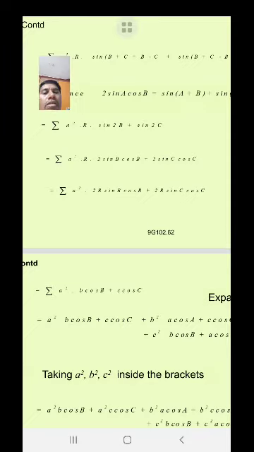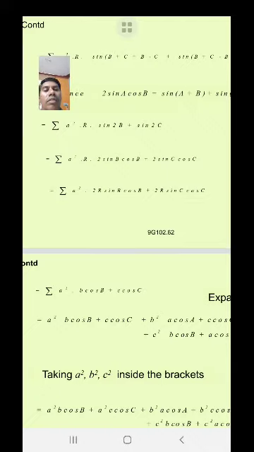written as 2 sine c cos c. That equals sigma of a square into, take r and multiply with the two terms in the bracket, so r multiplies with each and every term of the bracket.